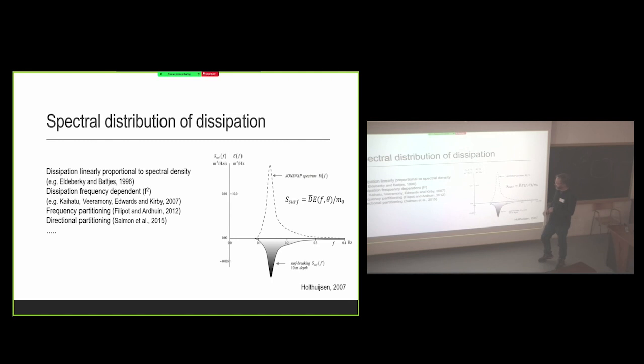So you can also make it frequency dependent, and there are arguments why that should be the case. You can partition it in frequency. You can also partition it in direction. So there are many options that you can take, and depending on the conditions, they can lead to an improvement or not.